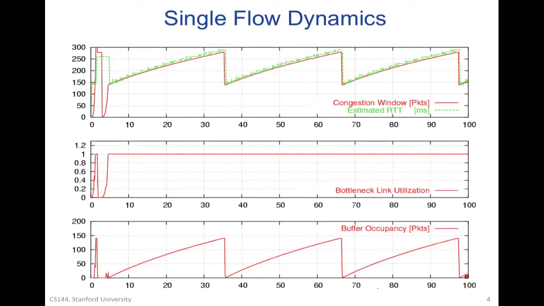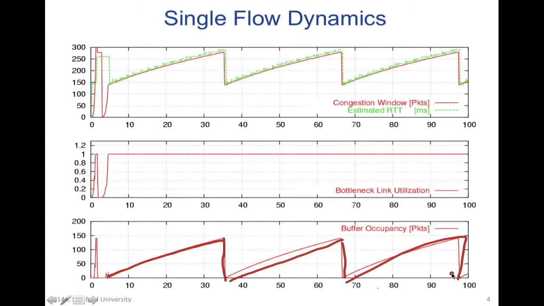So notice that the congestion window is moving in this beautiful sawtooth, but because every time we put 1 more packet into the network, we increase the occupancy of the buffer. So every time we increase W, the only place that extra packet can go is in the buffer. So it's going to move in perfect lockstep with CWIN.